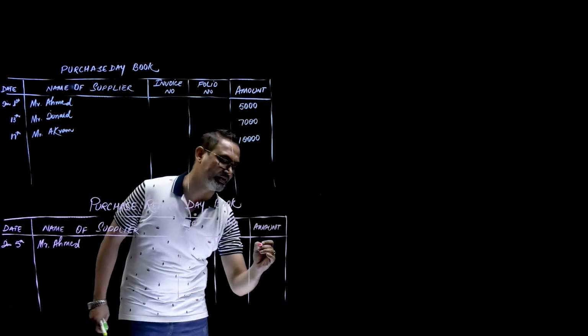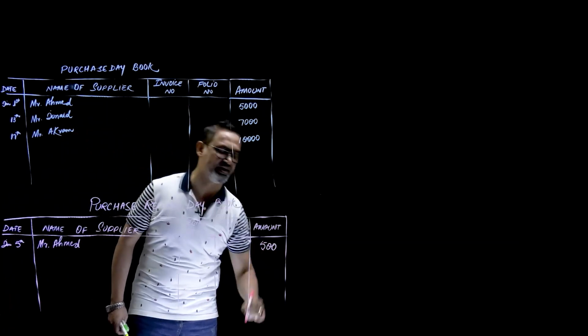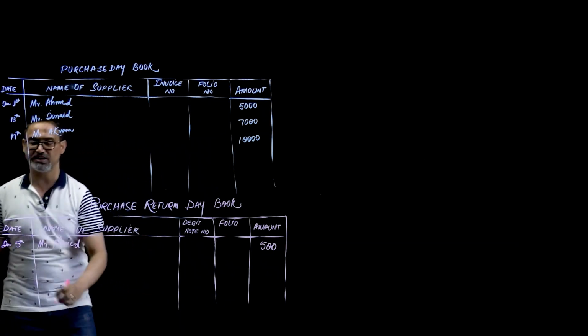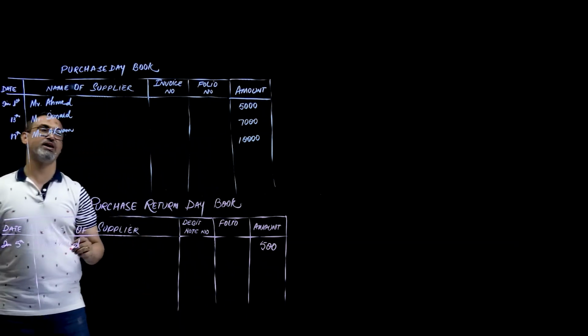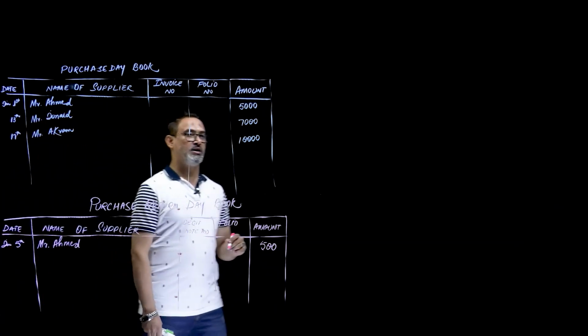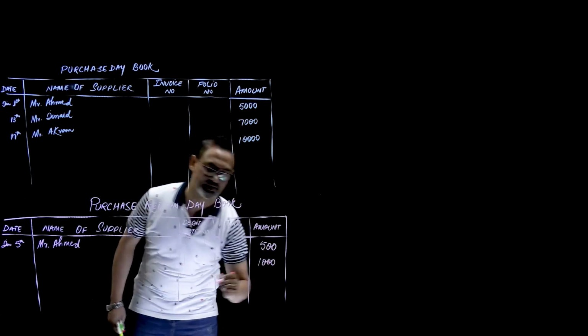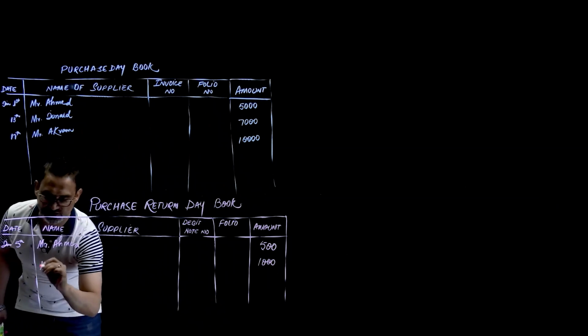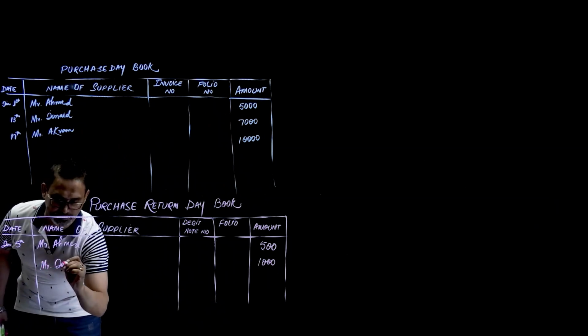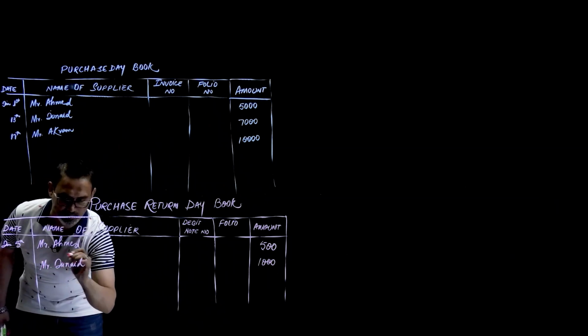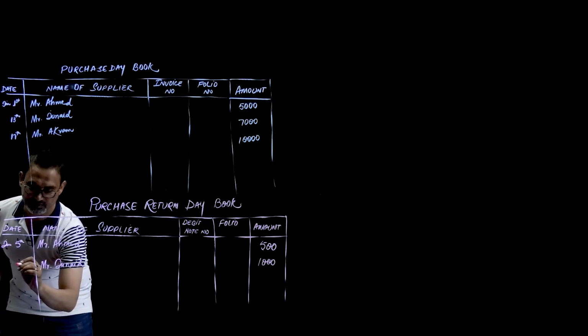For example, we return goods to Mr. Ahmed for $500. In the same way, Mr. Junaid sent us defective goods of $1,000, so we return goods to Mr. Junaid on the 15th of January.